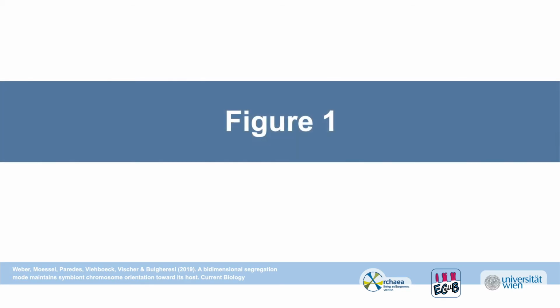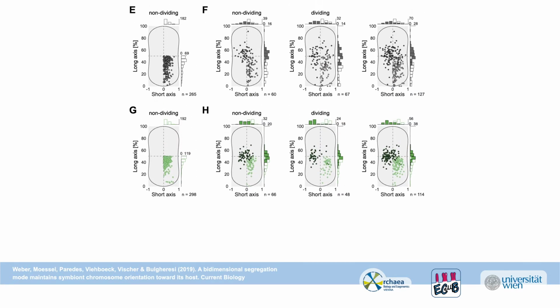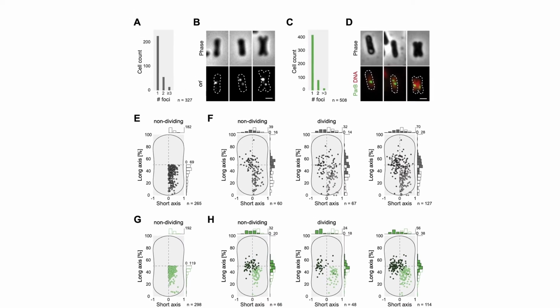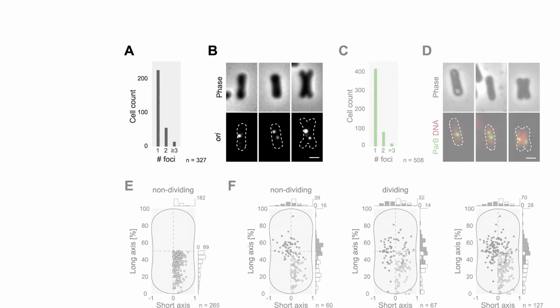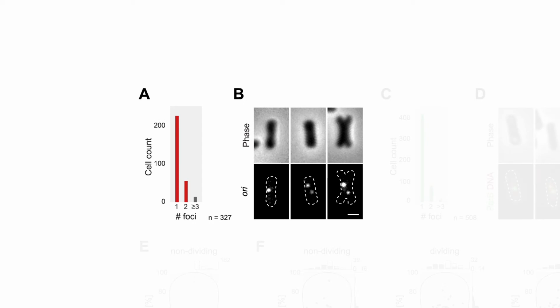To determine the ploidy of the nematode symbiont Candidatus Thiosymbion oneisti and the localization pattern of its origin, we fixed it and subjected it to DNA fluorescence in situ hybridization. The histogram in Figure 1a shows that the vast majority of cells contained either one or two fluorescent foci.